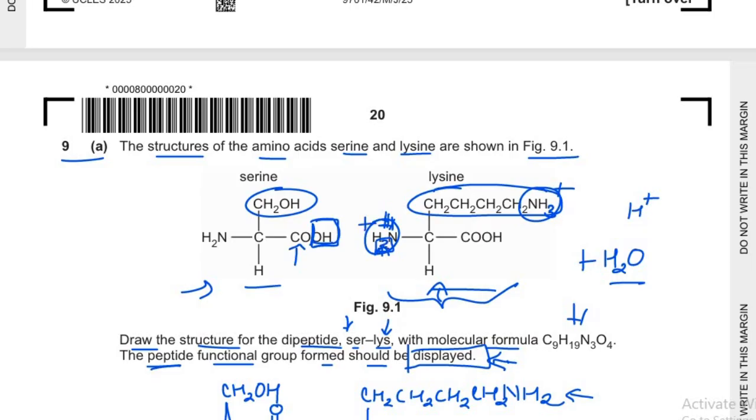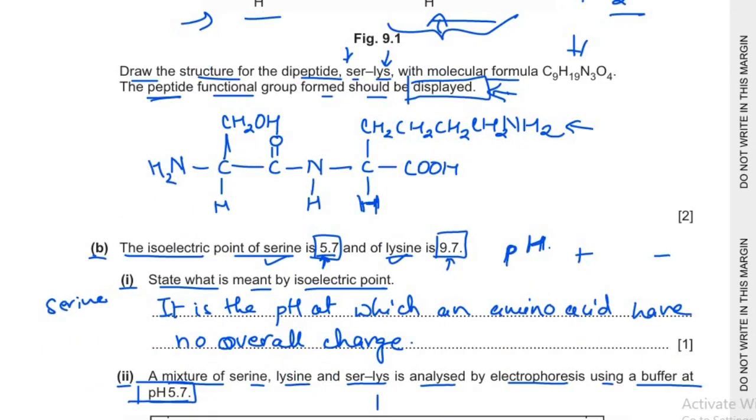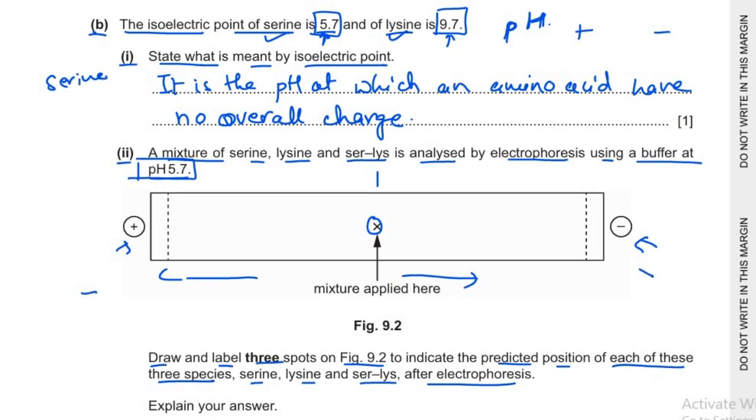That gives it an overall positive charge, and so it will move towards the negative terminal. The same thing will happen with the dipeptide also, because the serine part of the dipeptide will remain neutral, but the lysine part of the dipeptide will become positively charged, and so it will also move towards the negative terminal.